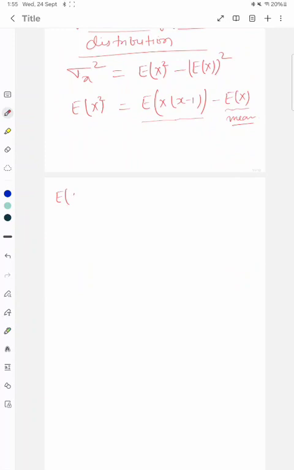Now we'll find the expectation of x into x minus 1 equal to summation of x from 0 to n x into x minus 1 p(x).